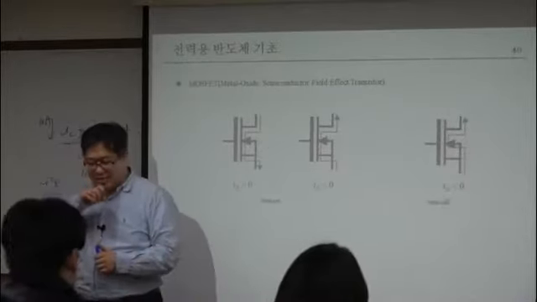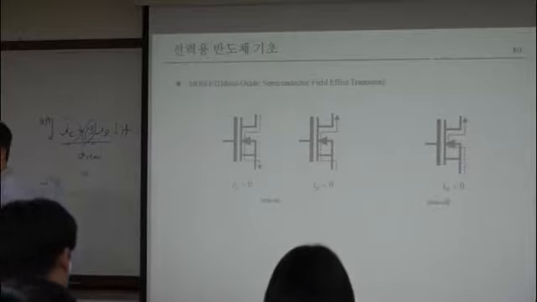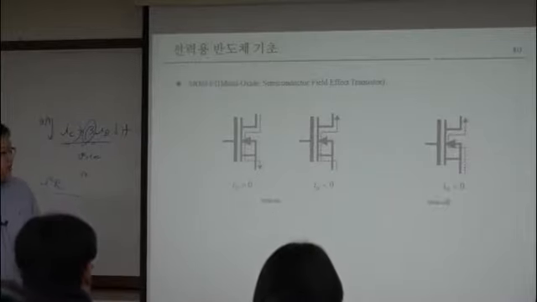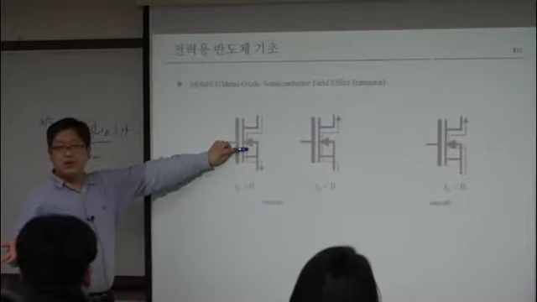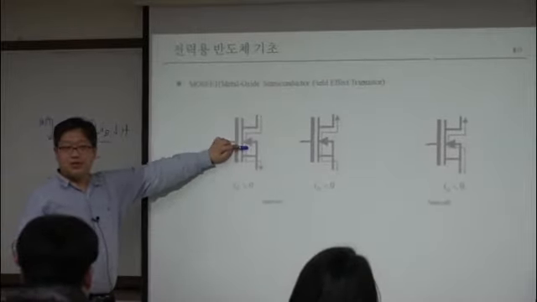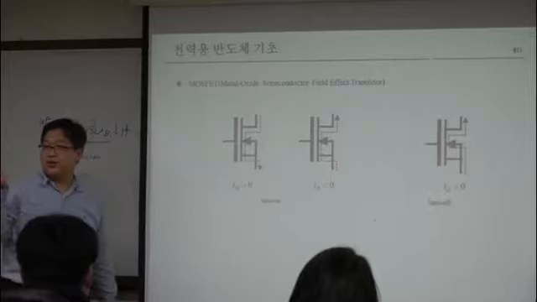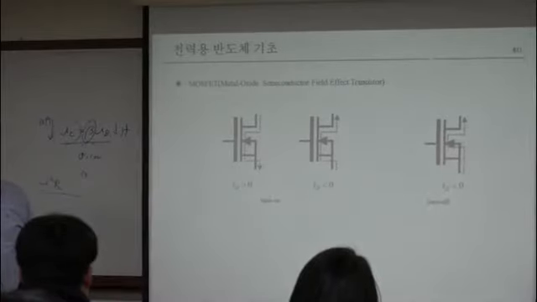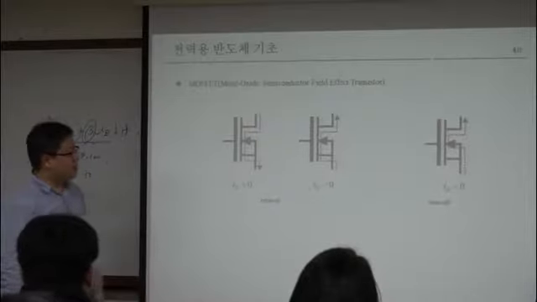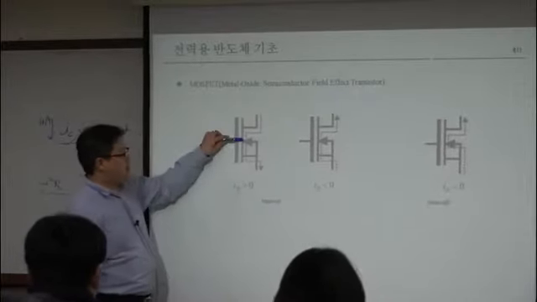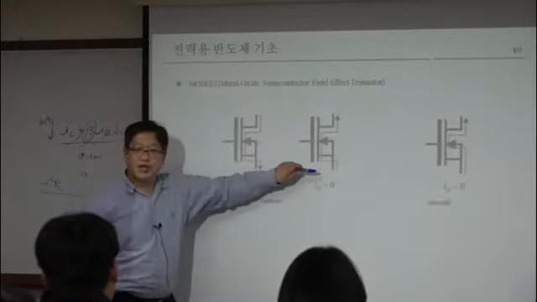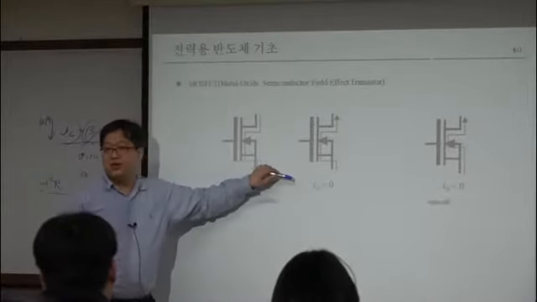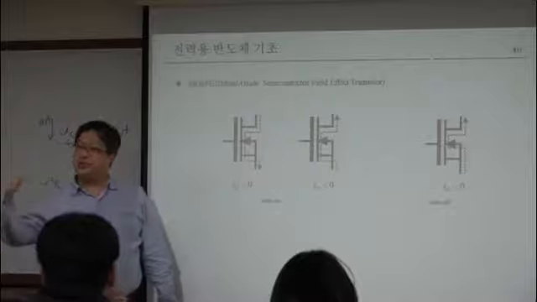Okay, let's see this example here. And you know that MOSFETs include a body diode, right? And the diode also has a forward voltage drop when you flow the current, right? Okay. For the MOSFET, there are two paths when you flow the reverse current.